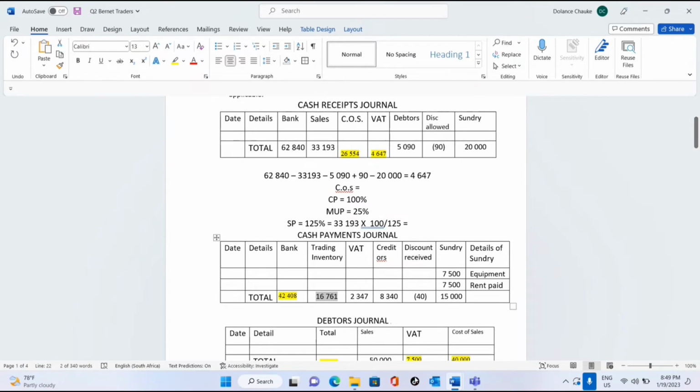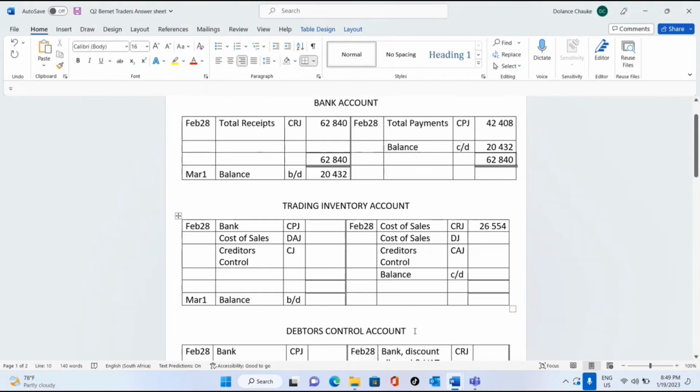So let's go to our answer sheet there. We're going to go to where they said bank CPJ, bank cash payment from the cash payment journal, which is 16,761, right? Then we're done.